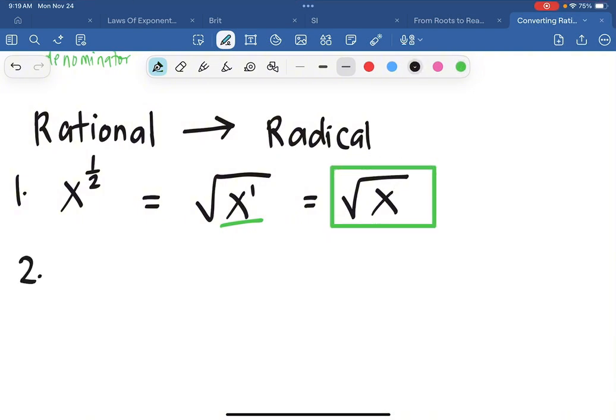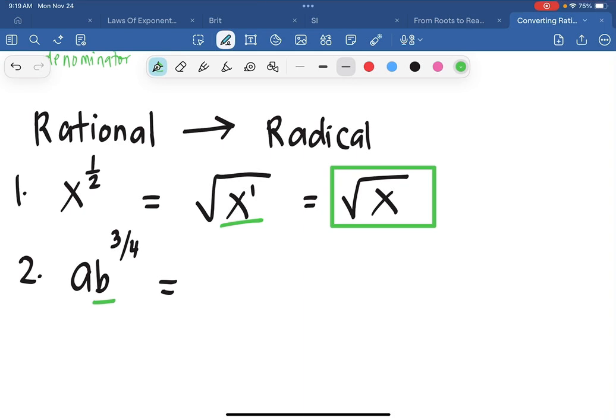Next example, we have here a b raised to 3 over 4. As you can look closely, only the b has an exponent. So we only need to rewrite b with a radical symbol.